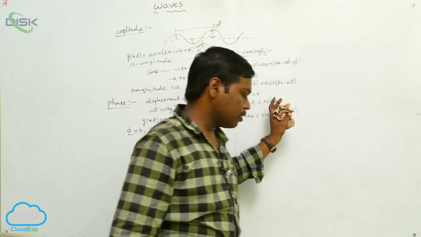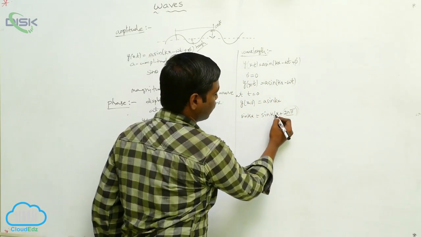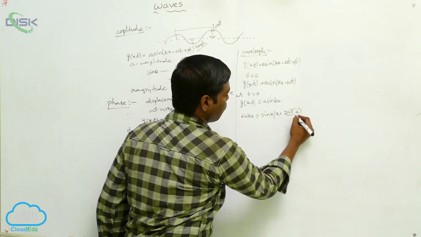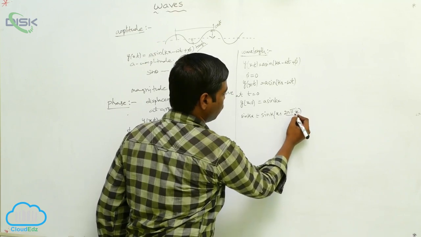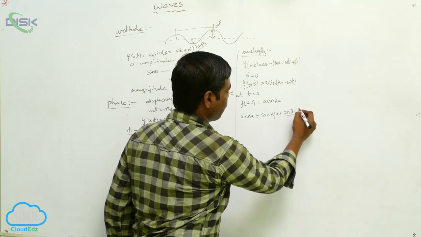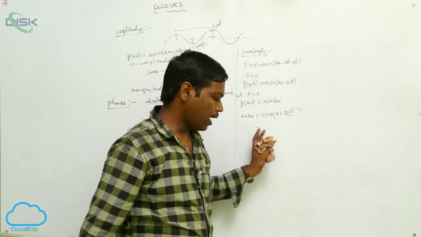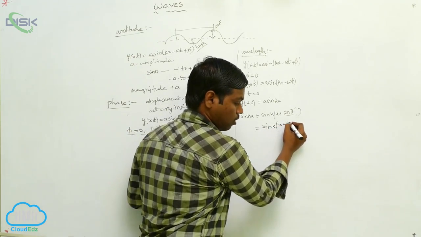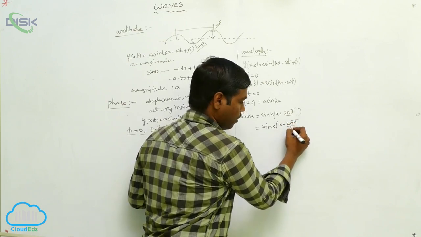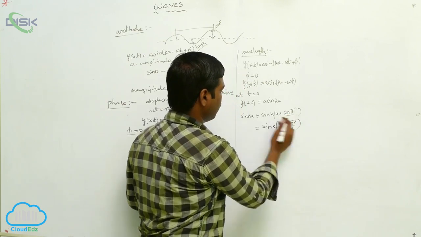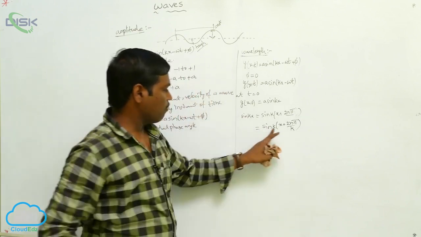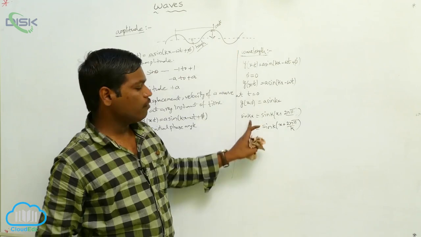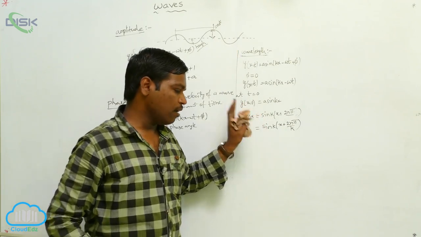That is, we can write kx plus 2n pi, and taking k as common, sin k into x plus 2n pi by k. After every 2n pi phase difference, the wave is again at the same position, at the same phase angle.